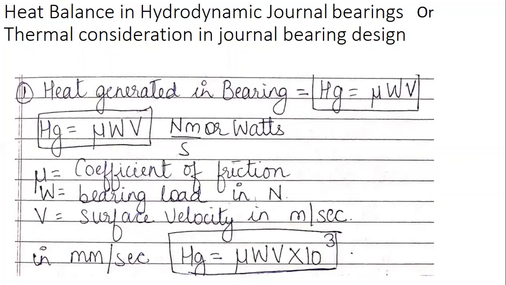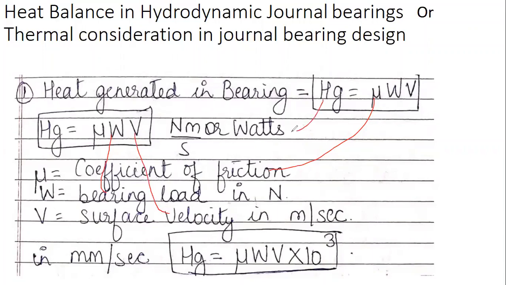So you can find this equation on that page number. Hg is mu Wv, where you all know that mu is coefficient of friction, W is bearing load in Newton, and V is surface velocity in meter per second.